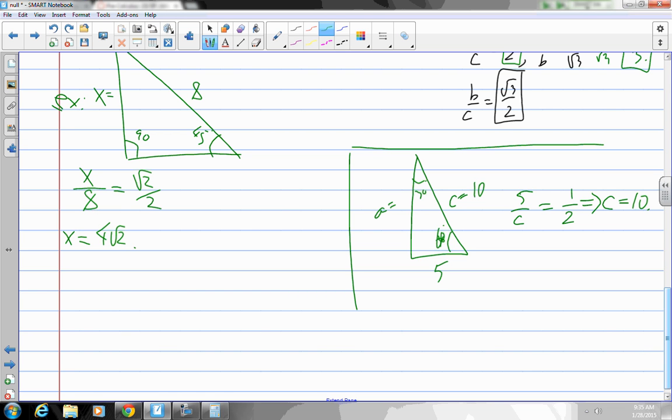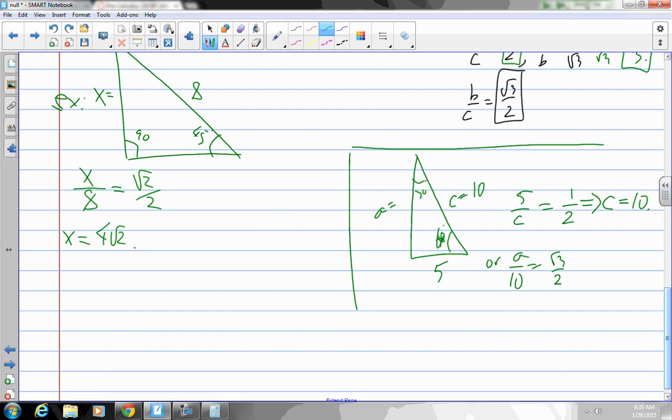You can now use the Pythagorean theorem to find A, because you have two sides, or you can say something like this. The middle side to C, so in this case, A to 10, will always equal root 3 over 2, right? My other triangle is labeled slightly differently, but it doesn't matter.